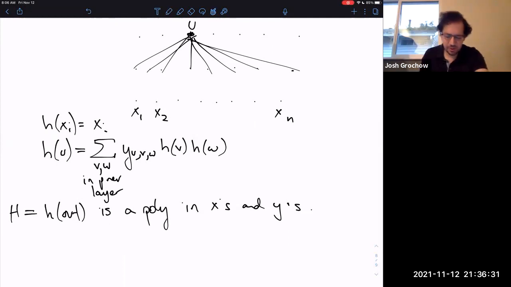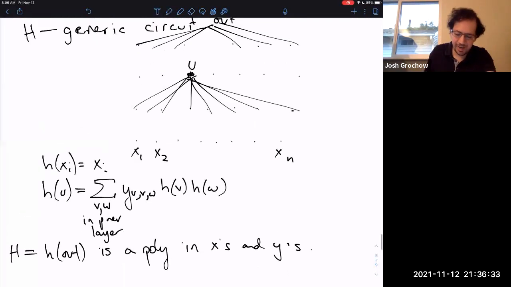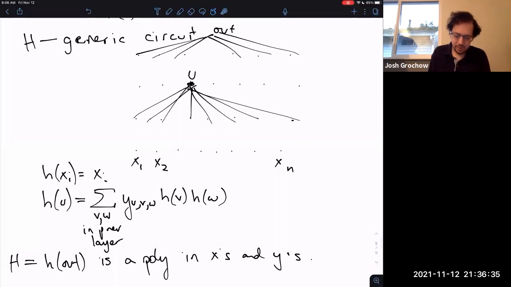Why is this called a generic circuit? The idea is if you wanted any poly-size circuit, you just specialize these y values to be the weights you need so that this looks like the circuit you were trying to simulate. That's what I mean when I say this is P complete, or VP complete.